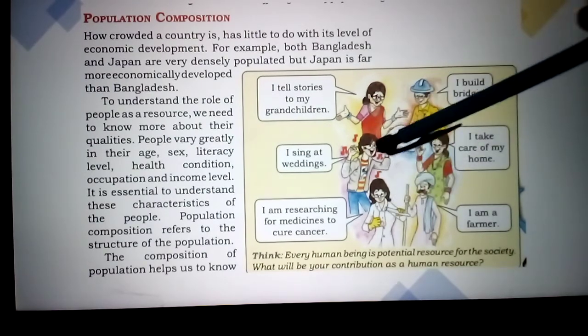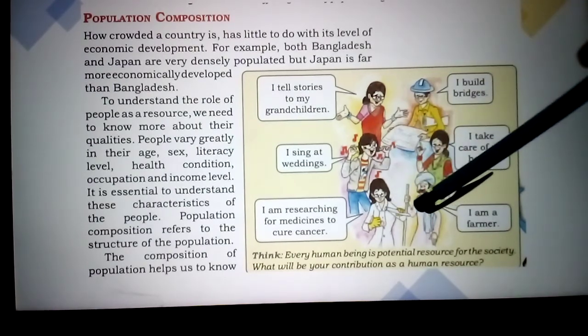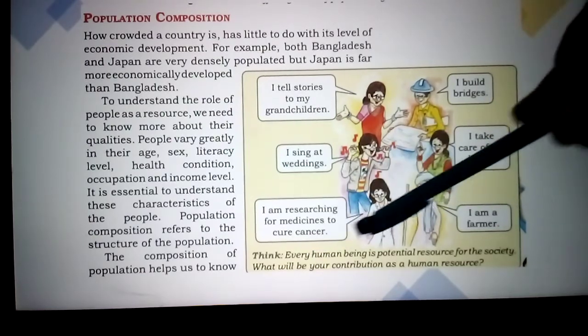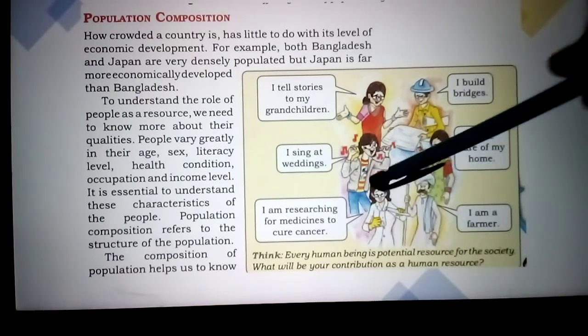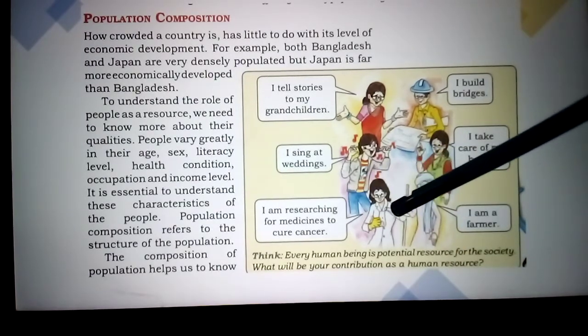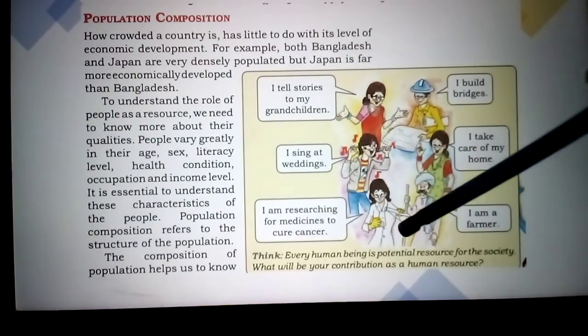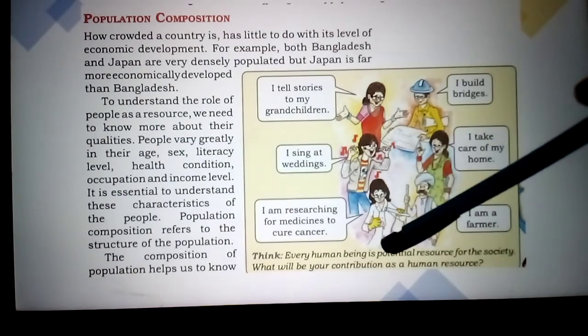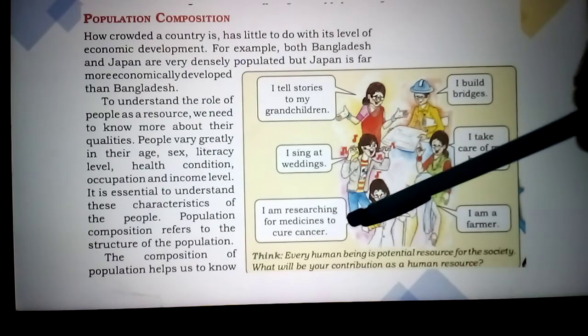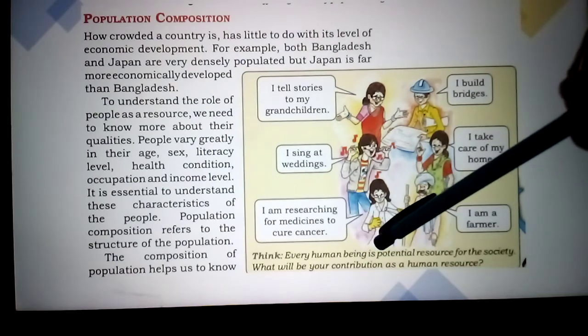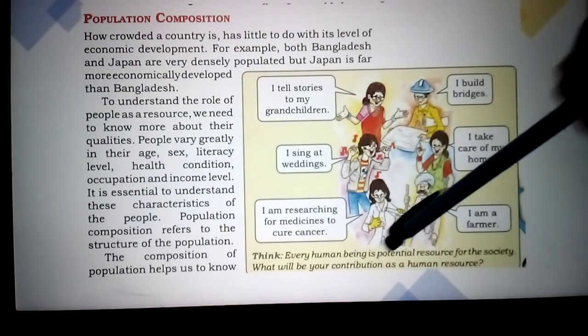Each and every person is useful to society. What will be your contribution as a human resource? Suppose you are studying now. You can ask what your contribution is. If you are studying, you are becoming a more knowledgeable person. That is your contribution to society.